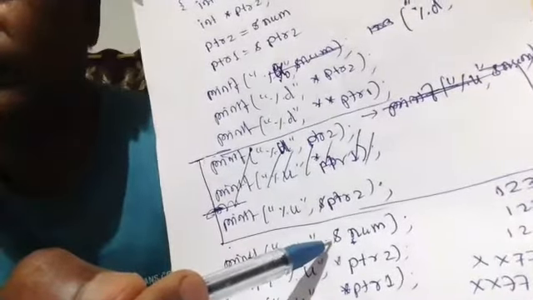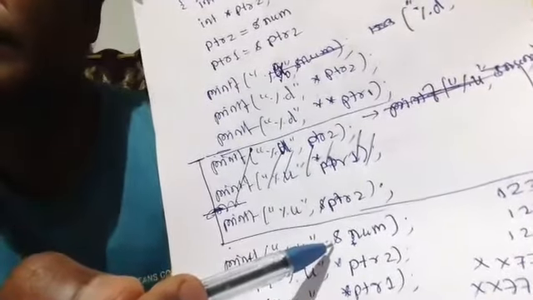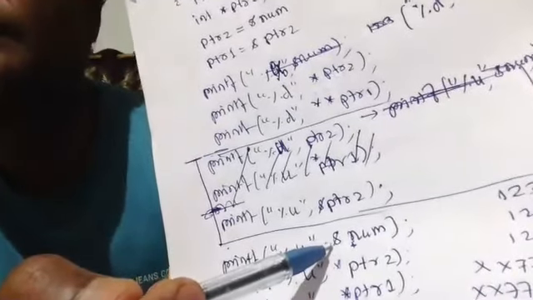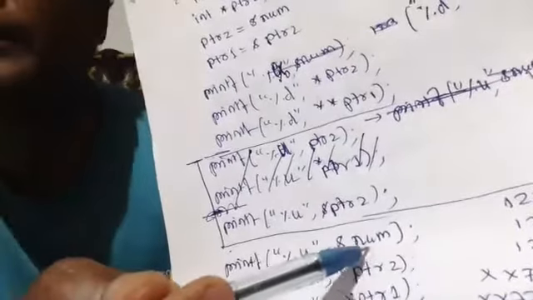Value of num. Ampersand will give what? Address. Address of num. What is the address of num? This address, 1230. It's okay.